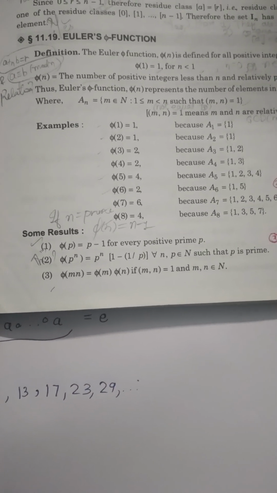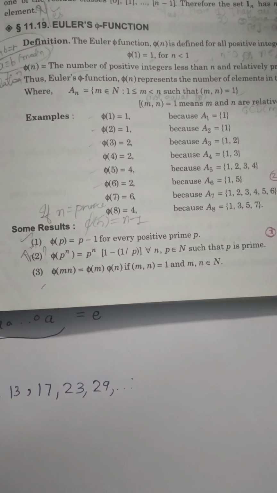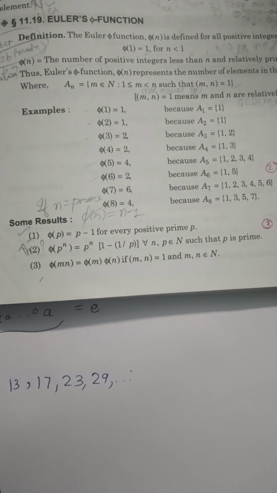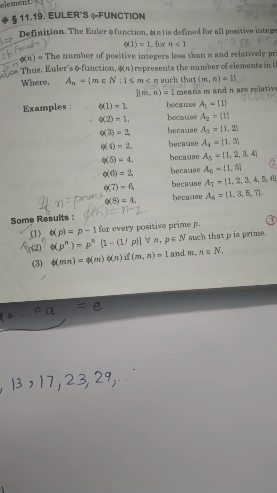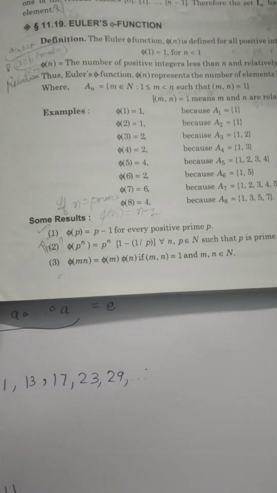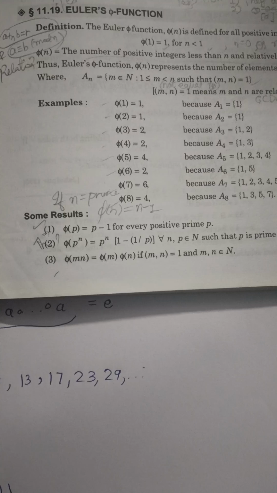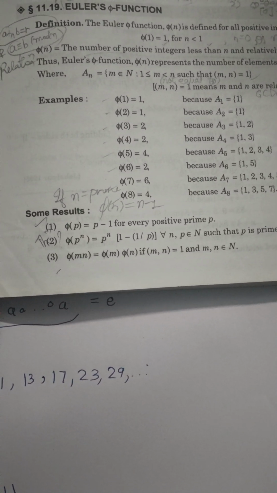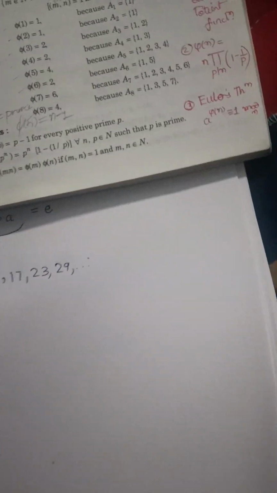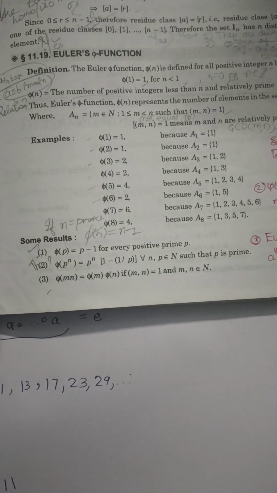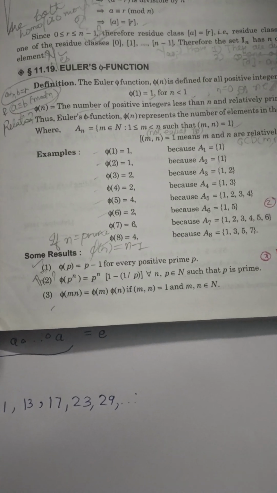Similarly, another result is phi p^n is equal to p^n times (1 minus 1/p), for every n and p in the set of natural numbers. Phi mn is equal to phi m times phi n if GCD of m and n is 1. GCD is the greatest common divisor. Or you can say that m and n are relatively prime.